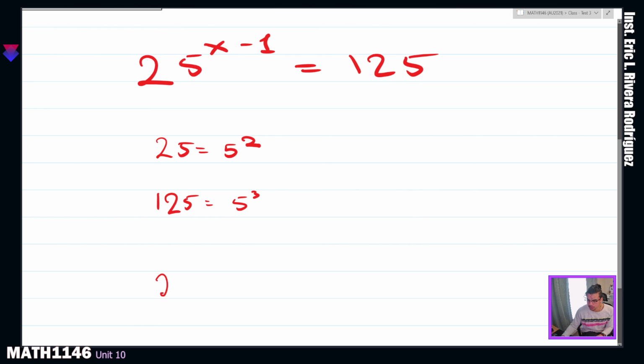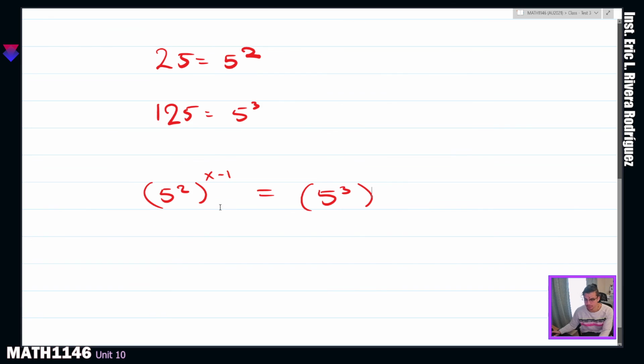Once you do that, the most crucial part here is that you need to apply correctly the law of exponents.